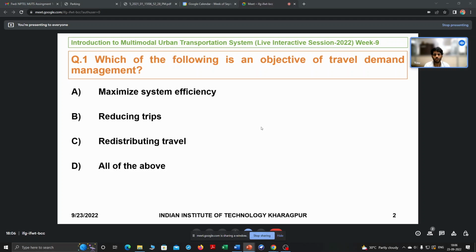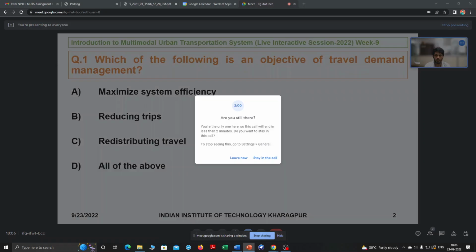Like that, if you redistribute your demand by changing your office timings, then at a time the number of vehicles plying on the road will be less, right? In this way you can redistribute your demand, which is already happening here. Shifting.